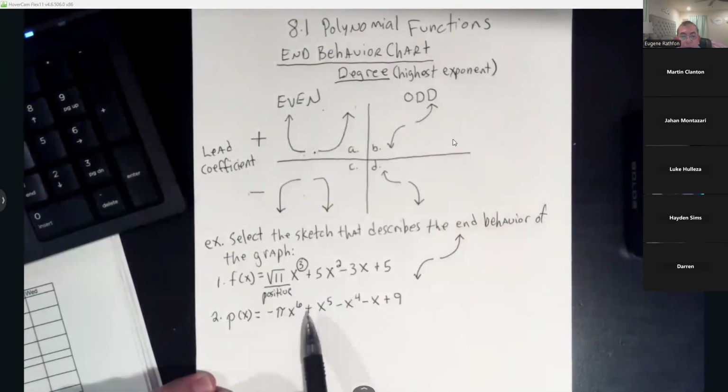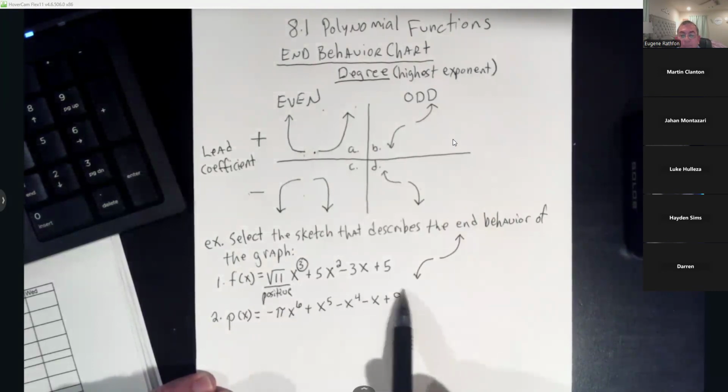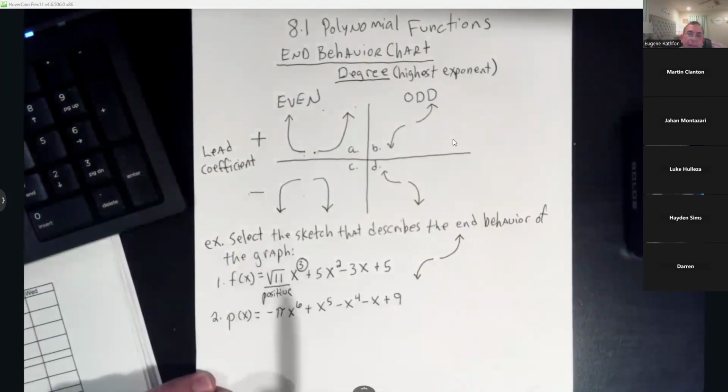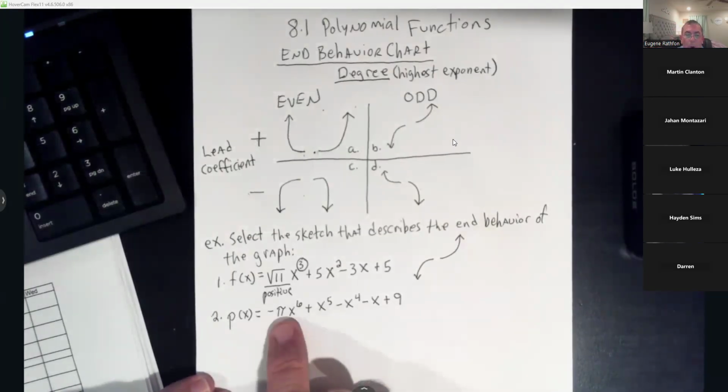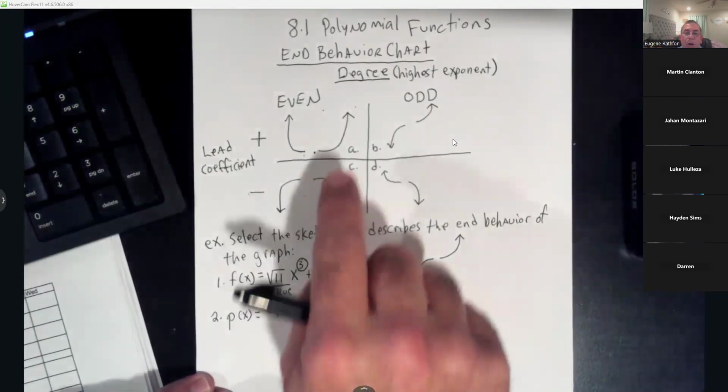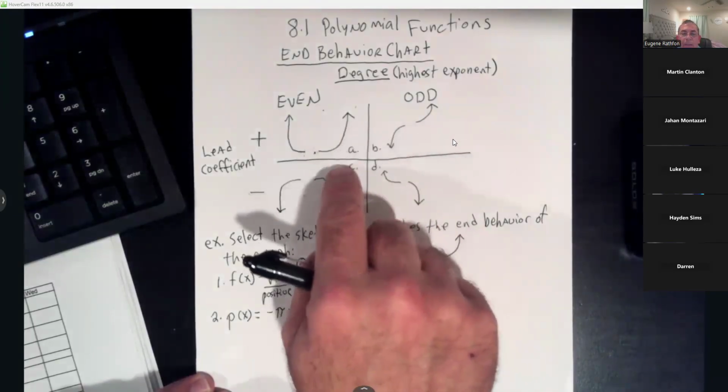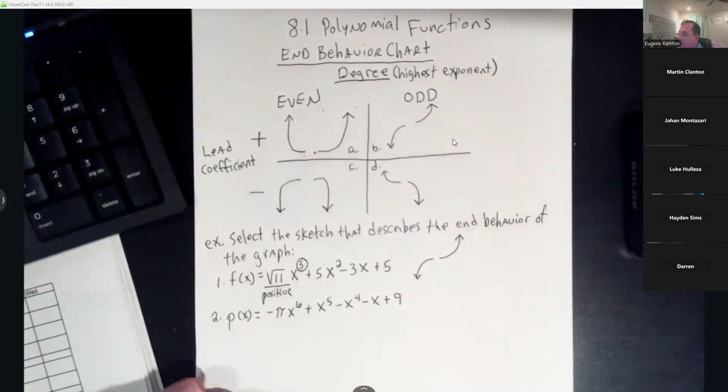And these terms are all the stuff that's separated by the adding and subtracting. So this one has 1, 2, 3, 4, 5 terms that are being separated by the adding and subtracting. So y'all, that's what polynomial actually means, okay? All right. So going off of this, would y'all choose A, B, C, or D?